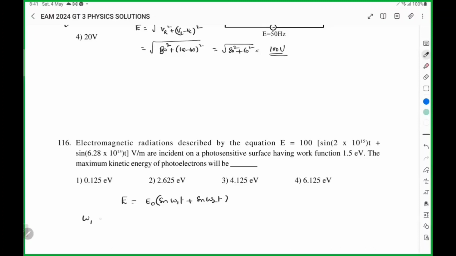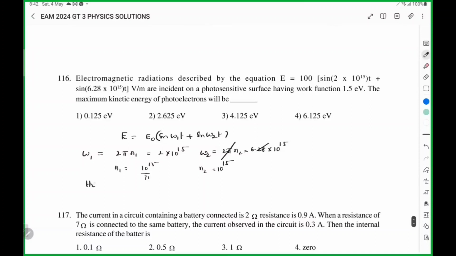So here it's a combination of two different waves, omega 1 is 2 pi n1, which is 2 into 10 power 15, the other is omega 2, 2 pi into n2, which is equal to 6.28 into 10 power 15. So the corresponding frequencies we find are 10 power 15 by pi. Here the 2 pi gets cancelled, 10 power 15.